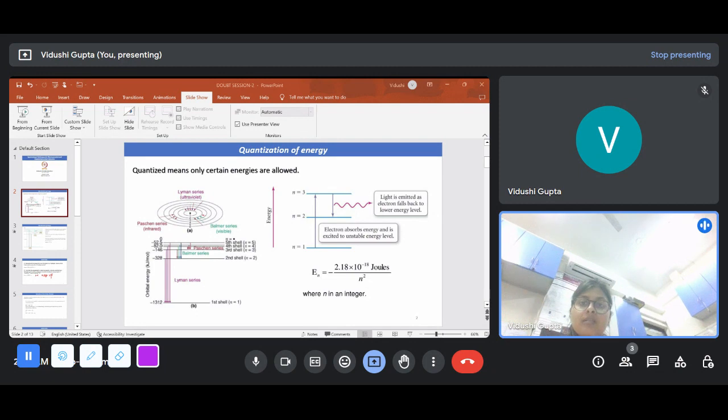Then you should know about the Heisenberg uncertainty principle. It states that it is impossible to measure or calculate both the position and momentum exactly. And there are two formulas for the numerical. The first one is: the uncertainty in energy and time should be greater than or equal to h upon 4 pi.